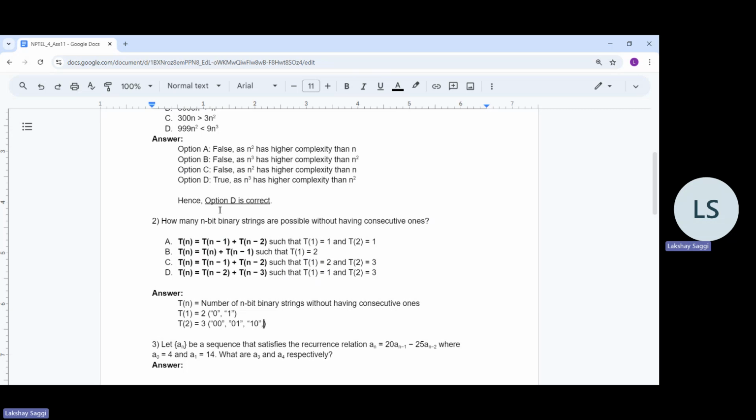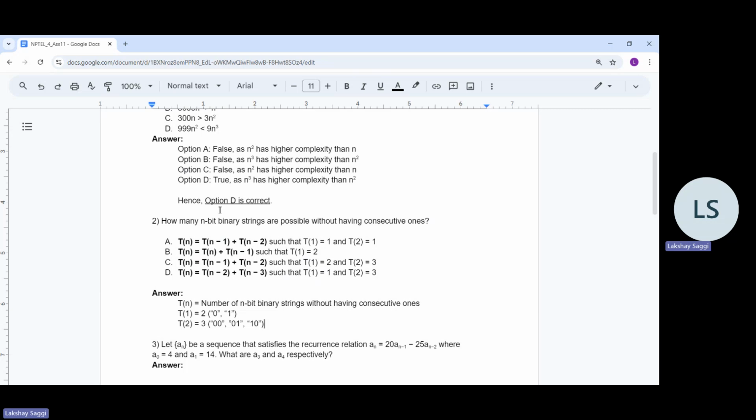There are only four possible 2-bit strings, because 2 raised to power 2 is 4, but the fourth string, 1 1, has consecutive ones, so it is not part of the count. So T of 2 is equal to 3. Okay, we have the base cases covered, and now we can go to the recursive definition.